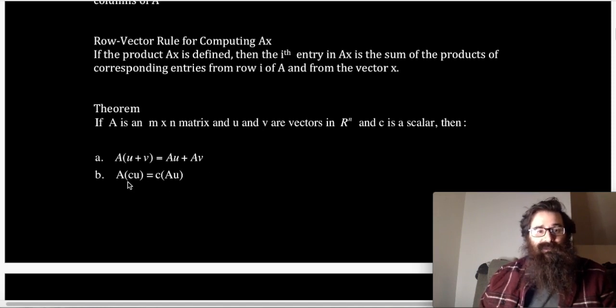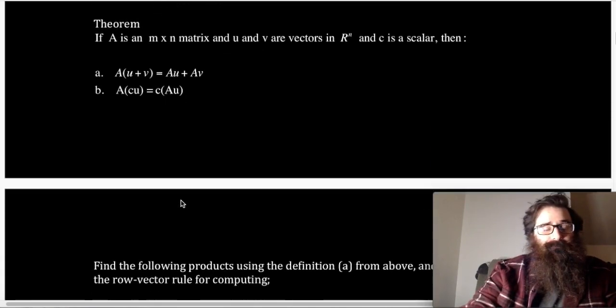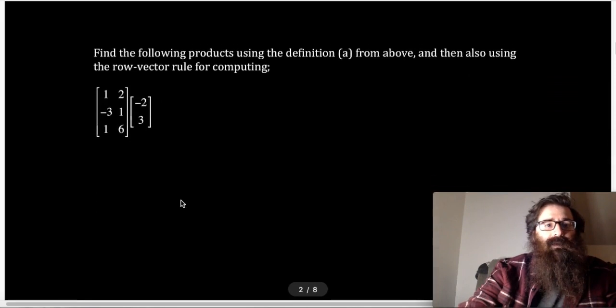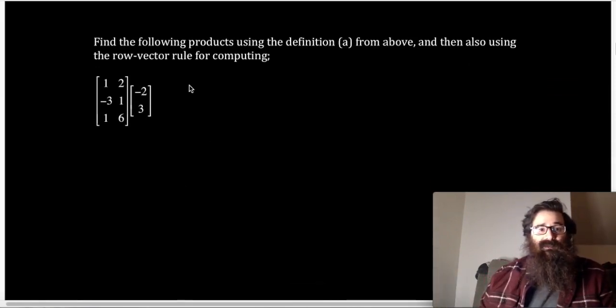And then here dealing with scalar c, if I have matrix A times, in parentheses, the scalar c times the vector u, I could bring that scalar c all the way out in front, and I could focus on A times u first, and then worry about multiplying that scalar c in later. So I get that nice property. But let's go ahead and talk about building some ideas, connecting matrices and vectors.